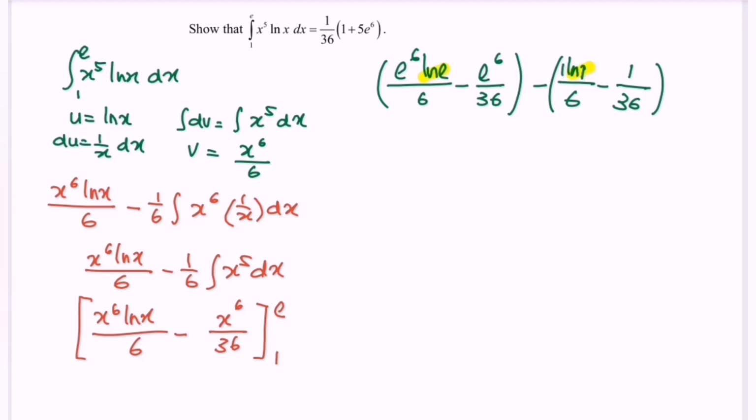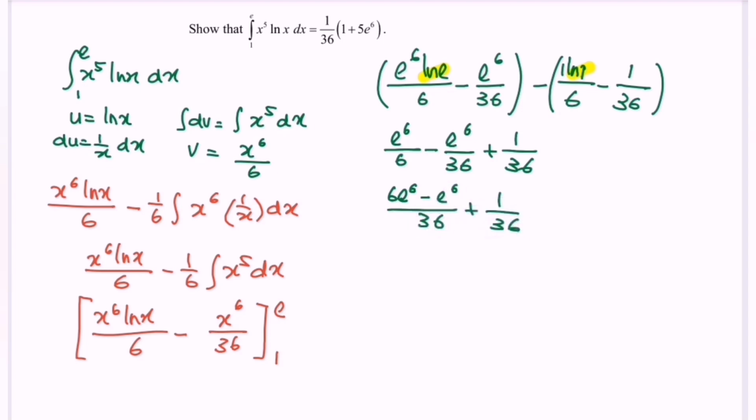So we will have e to the power 6 over 6 minus e to the power 6 over 36 plus 1 over 36. Kindly equate the denominator: so we have 6e to the power 6 minus e to the power 6 over 36 plus 1 over 36. If we simplify, we will have 1 over 36 bracket 5e to the power 6 plus 1.